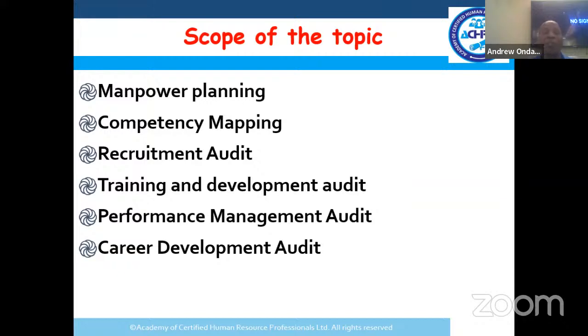At the end of this process, because it's a system, we expect to have the right number of people doing the right things in the right way, at the right time, and at the right places. If you listen to what I've said, HR planning is ensuring that the right things are done in the right way at the right time.